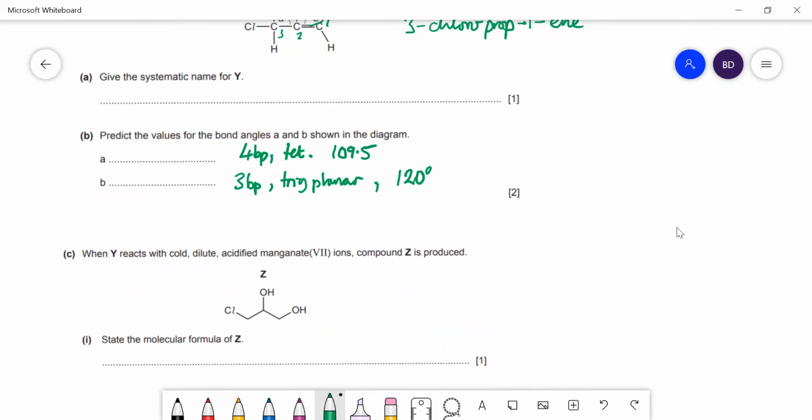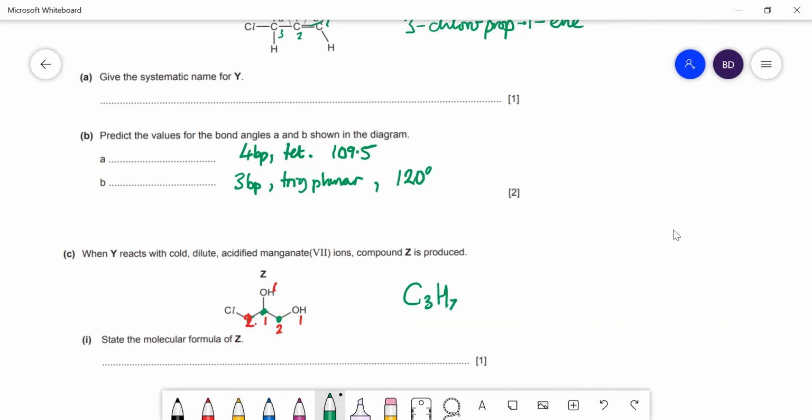State the molecular formula of Z. Well, we have got 1, 2, 3 carbons, so that's C3. Hydrogens, we've got 2 there, 2 there, 1 there, 1 there, 2 there, and 1 there. So that is 7 hydrogens altogether.